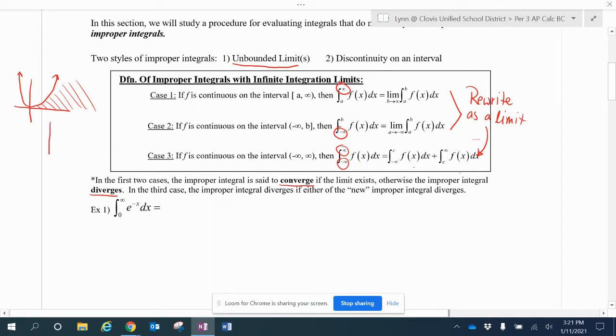However, if I had something like 1 over x squared, so this is just one side of it, as we're going from 0 to infinity, or wherever we're going from, how about 1 to infinity? So I don't have to look at two different places where it's undefined. So 1 over x squared. We start at 1.